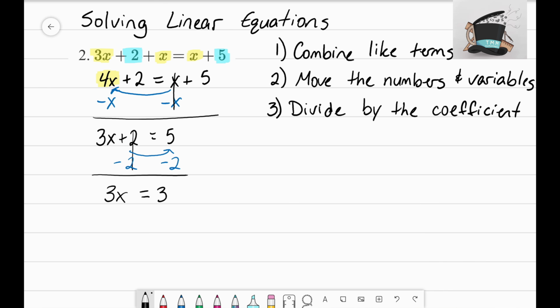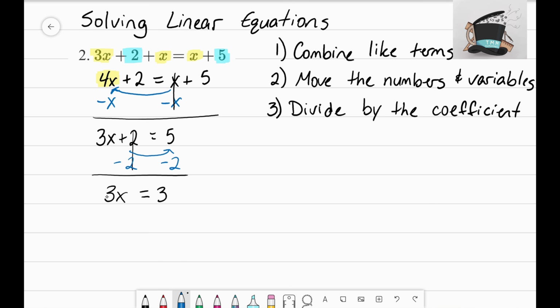All right, our final step says to divide by the coefficient. Well, the coefficient is this number that is on my variable. Right now I have 3 x's. I only want 1 x. So I've got to think about, what can I do to get rid of this 3?